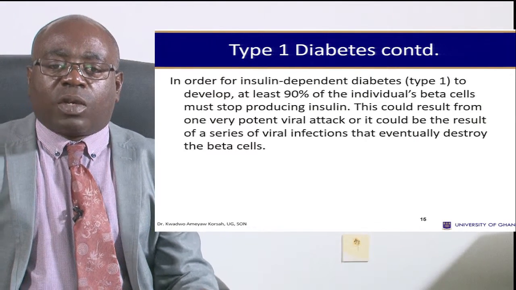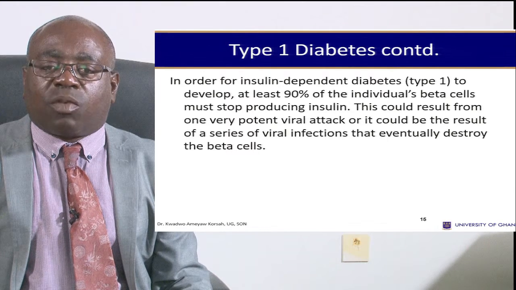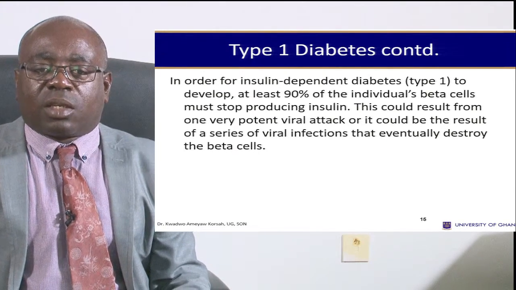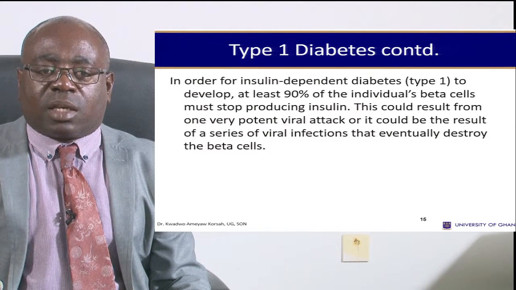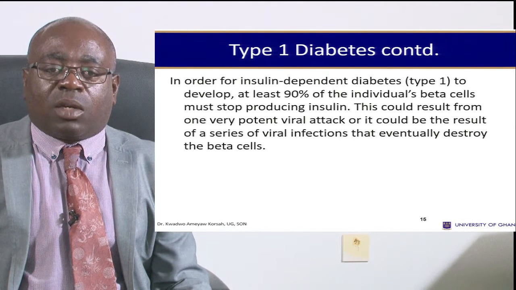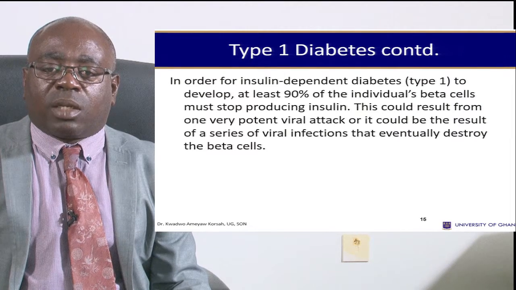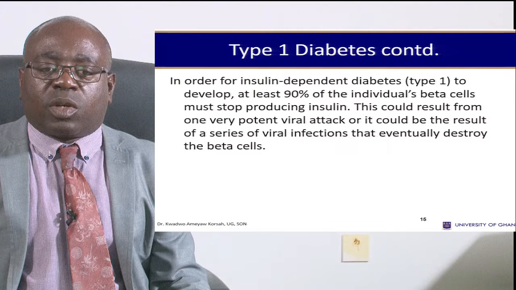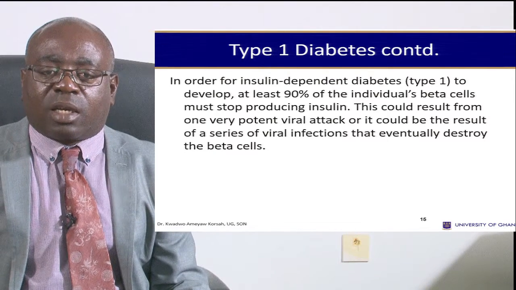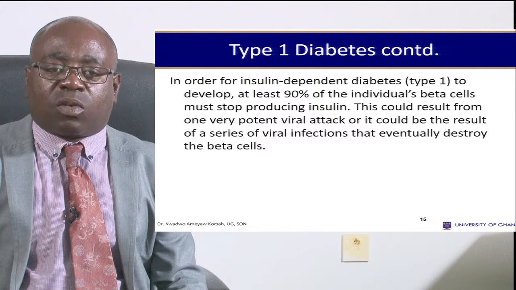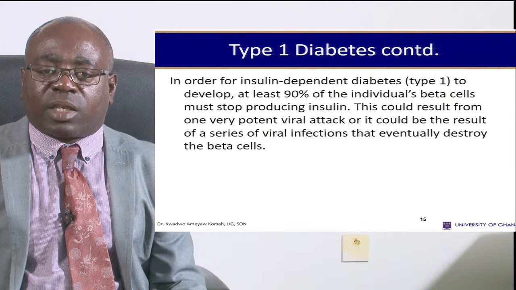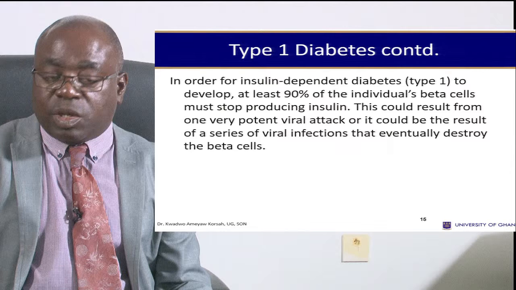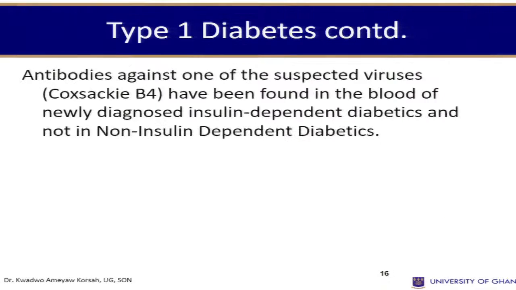In order for insulin-dependent diabetes type 1 to develop, at least 90% of the individual's beta cells must stop working or stop producing insulin. This usually results from one very potent viral attack, or it could be the result of a series of viral infections that eventually destroy the beta cells.